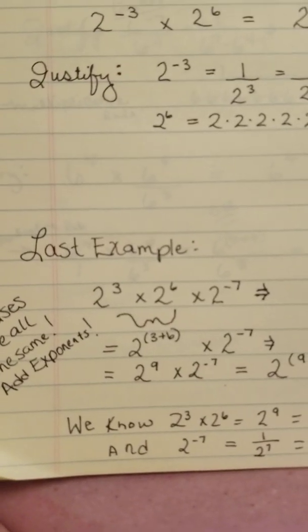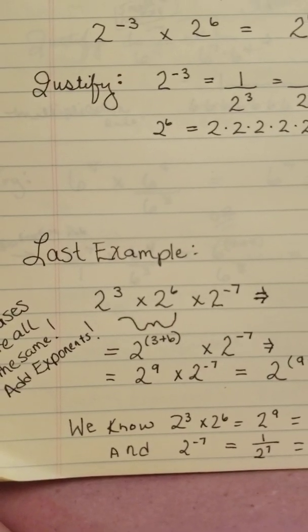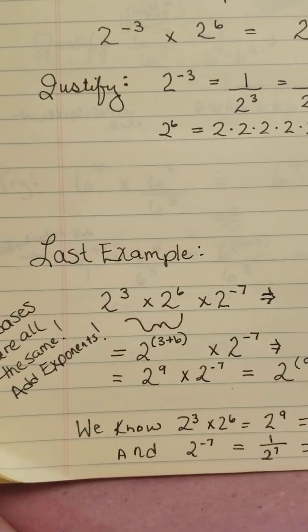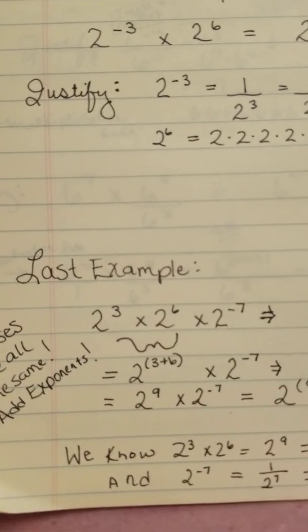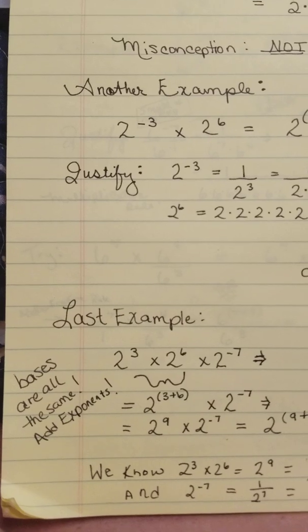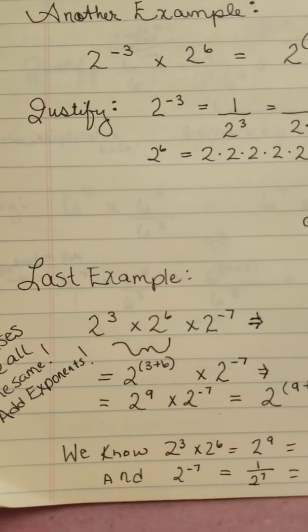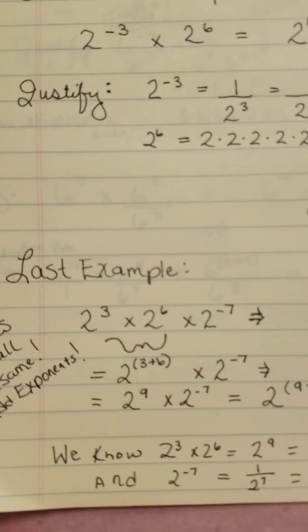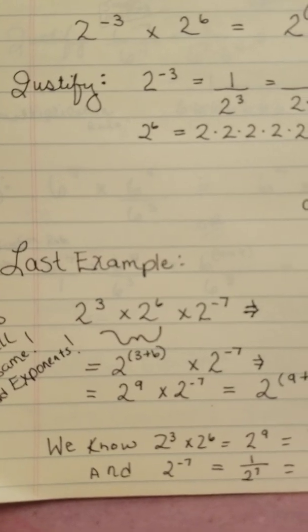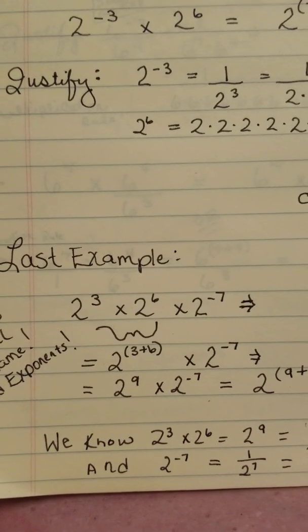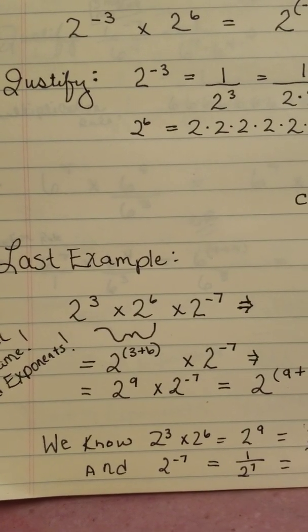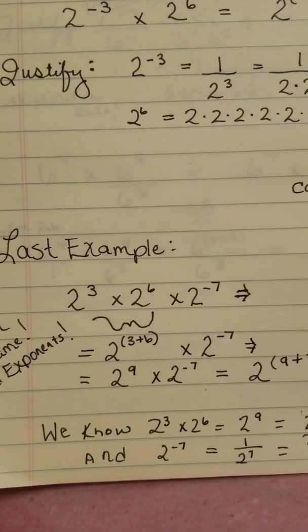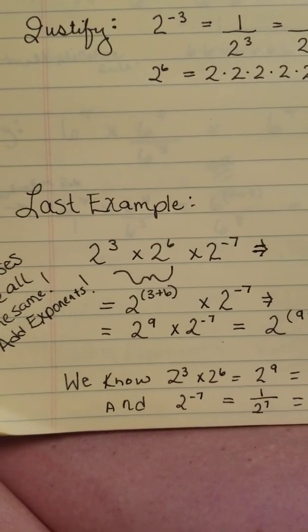Okay, last example. 2 to the third times 2 to the sixth times 2 to the negative 7. Well, first we have to look. Yes, all bases are the same, so we can add our exponents. And you can do that in chunks. We know that 2 to the third times 2 to the sixth is 2 to the 3 plus 6, which was 2 to the 9, and we knew that from our example up here.